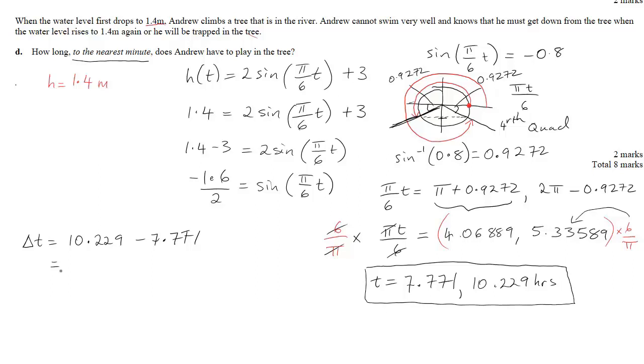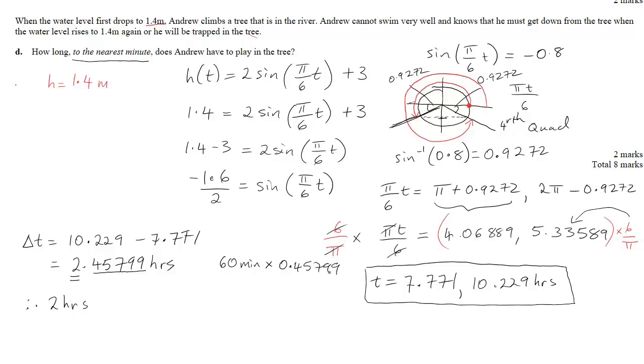So we're just going to take the difference between the two, and we get an answer of 2.45799 hours. Now it wants you to express this to the nearest minute. So we know that it's 2 full hours, and then this part here is a fraction of an hour. We know that there are 60 minutes in 1 hour, and to work out the minutes, we have to times by 0.45799.